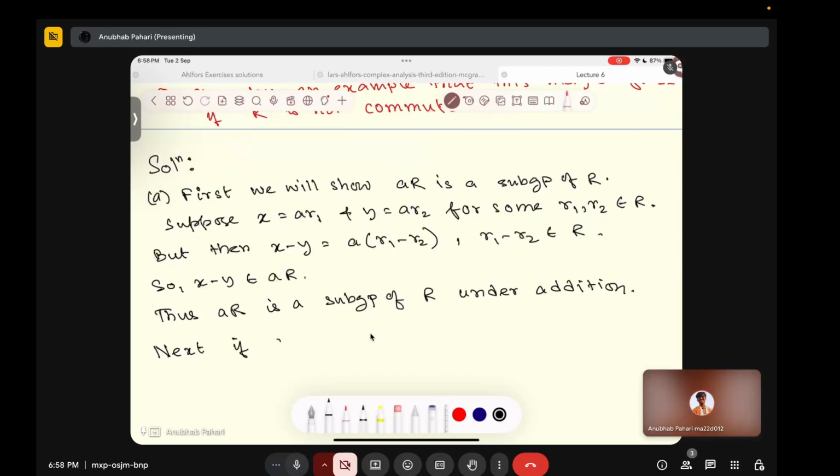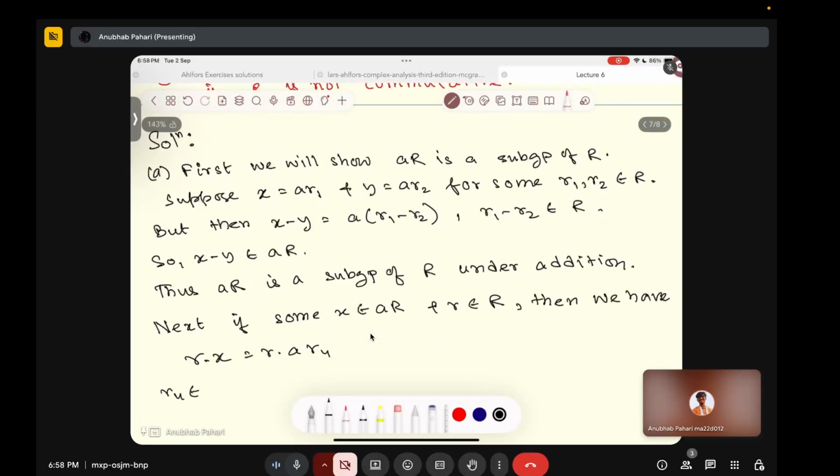Next, if some x belongs to aR and r belongs to capital R, then we have r dot x equals r of x, say suppose x = ar4 belongs to aR. So this implies that since R is commutative, you can just commute r and a and you get a(r r4). So this again belongs to aR, right?